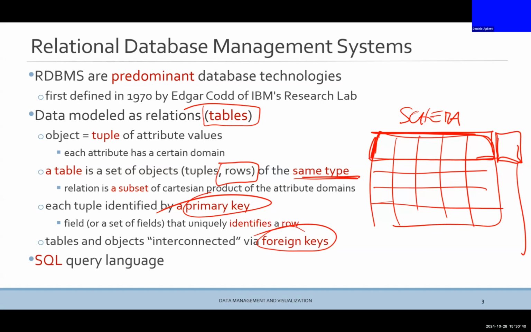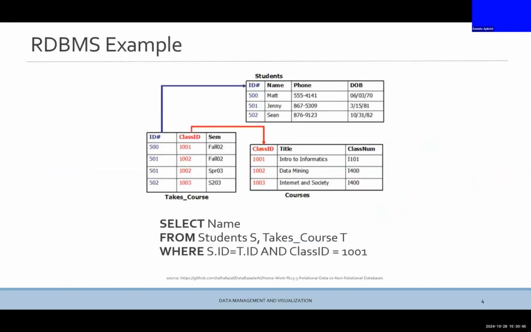If I have passed an exam, my table would be something like this. Actually, this is the example for enrolled in, so some students are enrolled in some courses.